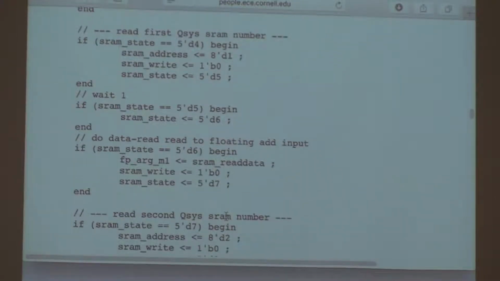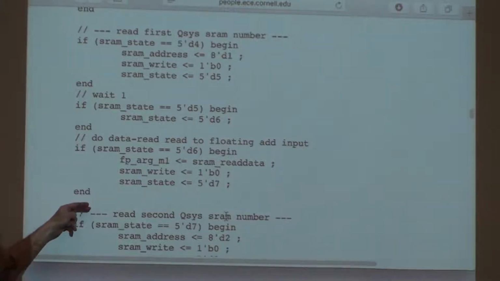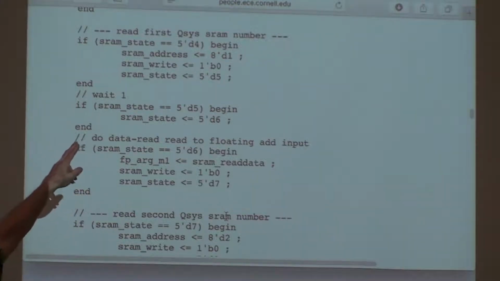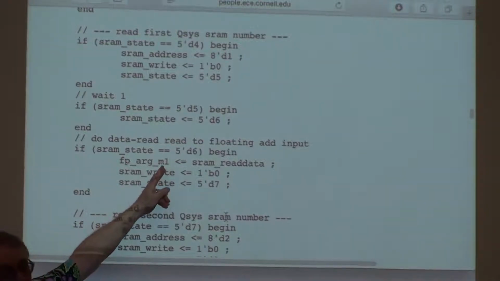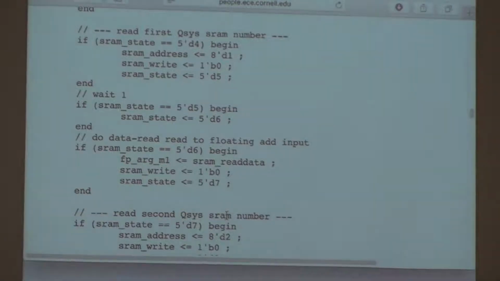And I tried to break down the logical stanzas by using dashes in the comments. So the dash comments until the next dash comment is one logical operation, which is to read the first Qsys SRAM number. So we set up the address, we wait a state, we read the floating argument. So those three read the first argument.